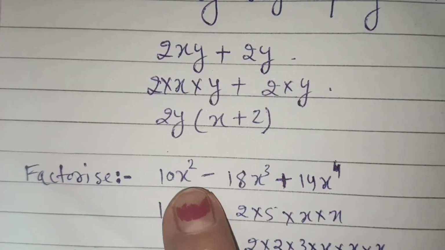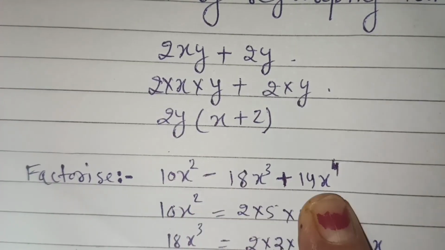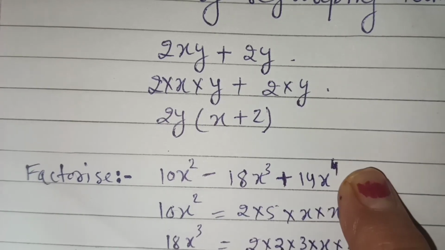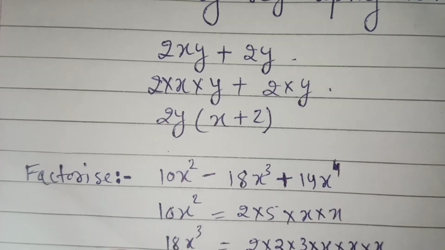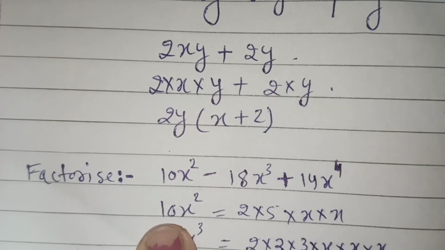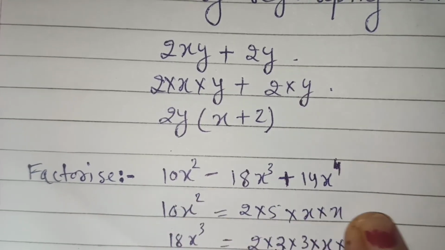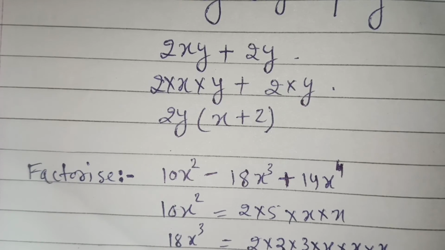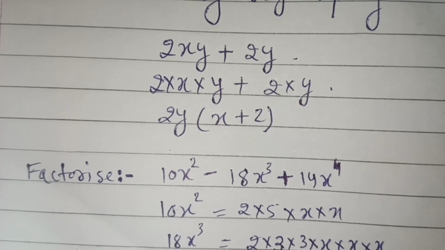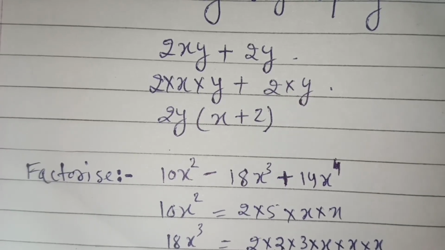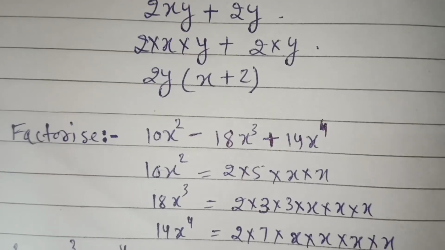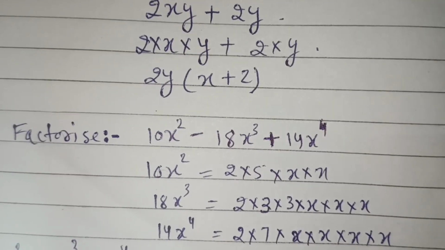Here 10x square minus 18x cube plus 14x to the power 4. We factorize each term. These are the factors of 10x square. 18x cube is 2 into 3 into 3 into x into x into x. This 14x to the power 4 is 2 into 7 into x, x coming 4 times.